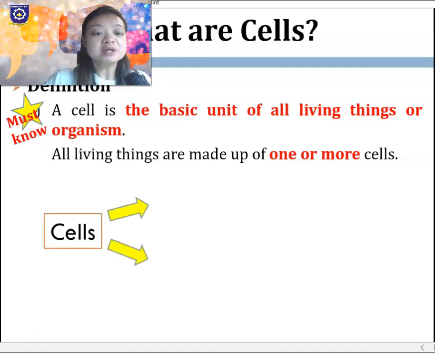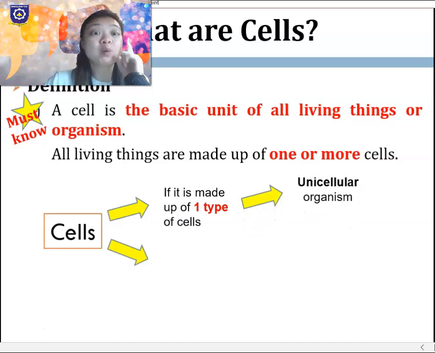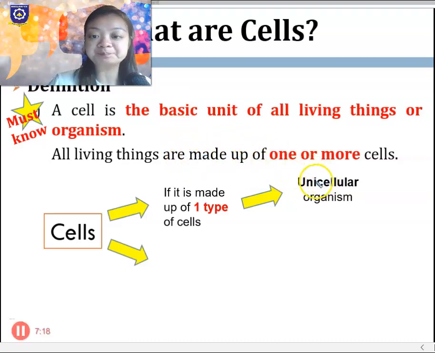Alright, so all living things are made up of either one or many cells. If you are made up of only one cell, you are a unicellular organism. Okay, now you might be wondering, wow, Miss Lee, this is such a big word. What does unicellular organism actually mean? So let me break this down for you. It's actually quite simple.